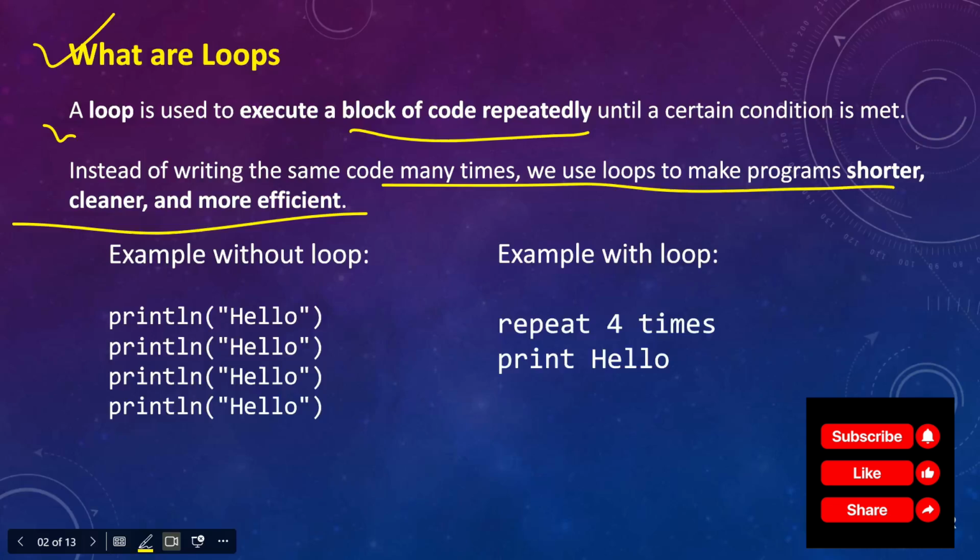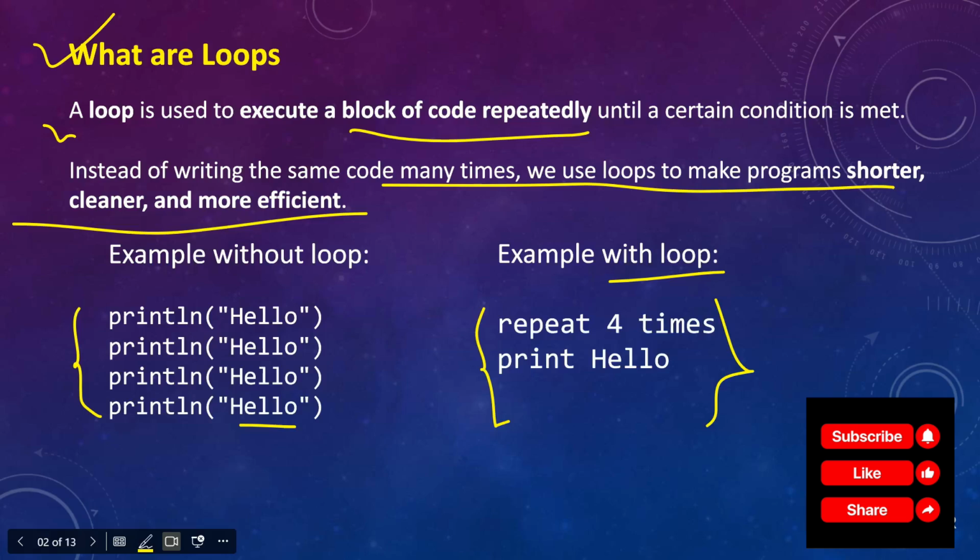For example, to print a word 10 times, we would have to write println 10 times, right? But by using a loop, we only write a single statement. This saves our time and makes the program easier to maintain.